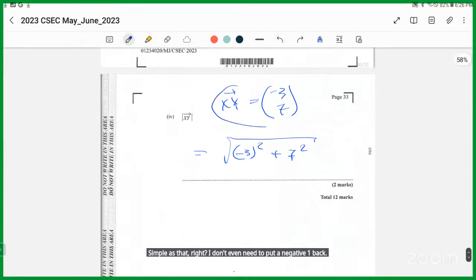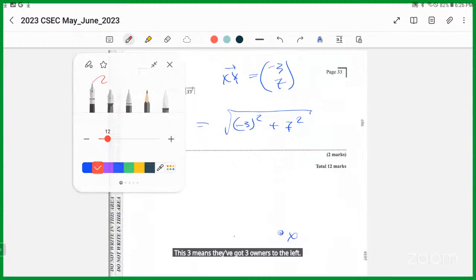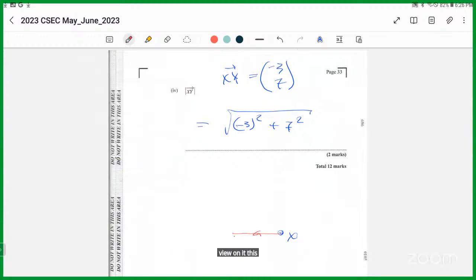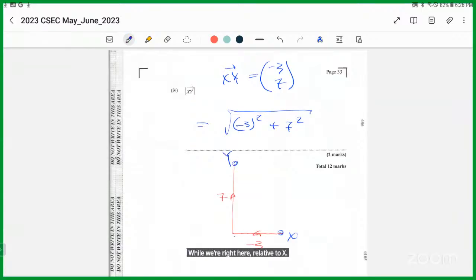Because remember what xy means: to go from x to reach y, this 3 means you go 3 units to the left, that's a negative 3, and this 7 means 7 units upwards. And y will be right here relative to x. You're trying to find the length of this side. This is the modulus.